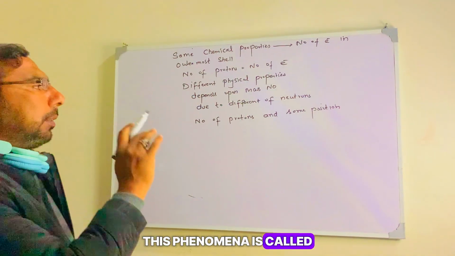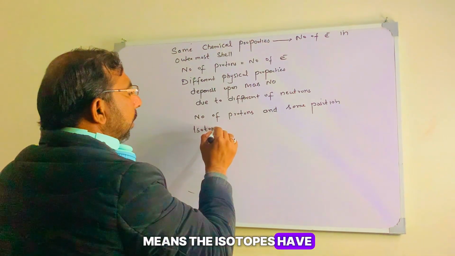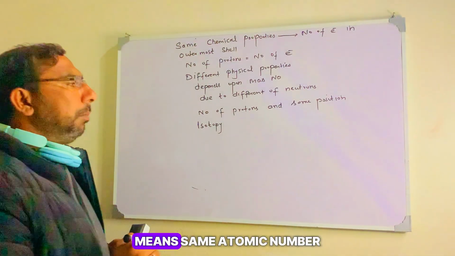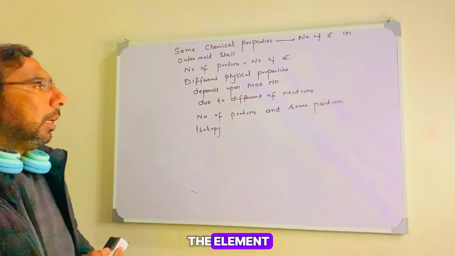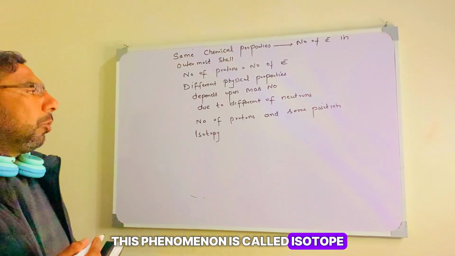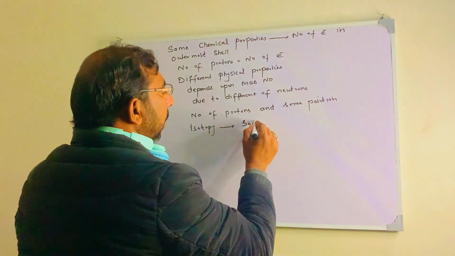This phenomenon is called isotopy. Isotopy means the isotopes have the same number of protons, meaning the same atomic number, and the same position within the element. This phenomenon was first explained by Soddy.